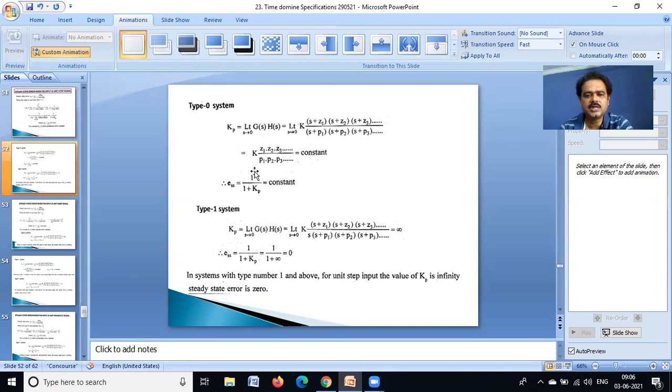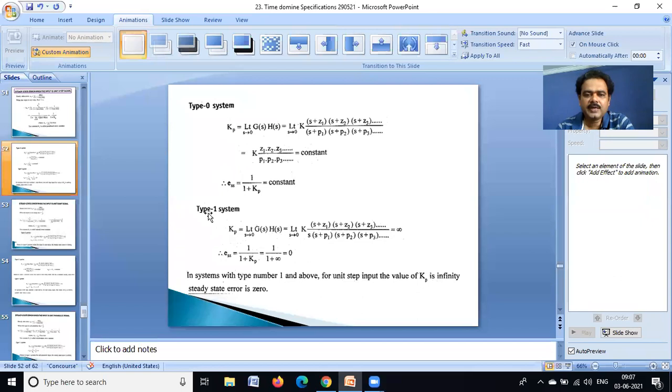For a type 0 system, when the input is a unit step input, the steady state error is a constant value. That means it is not reaching the desired input or desired value.